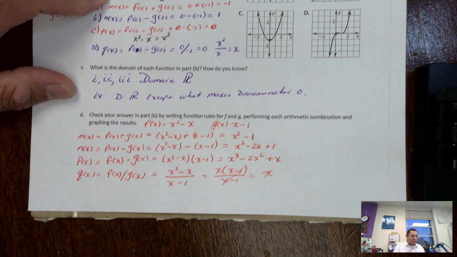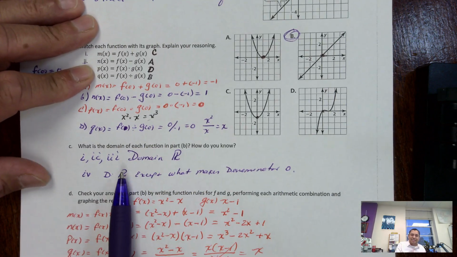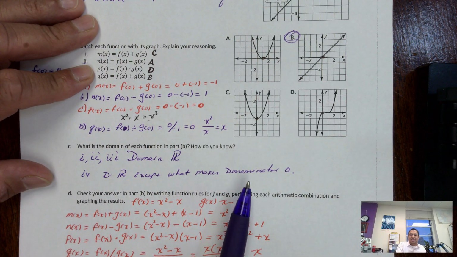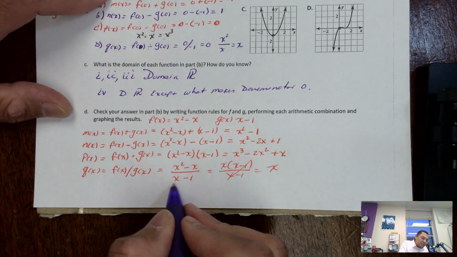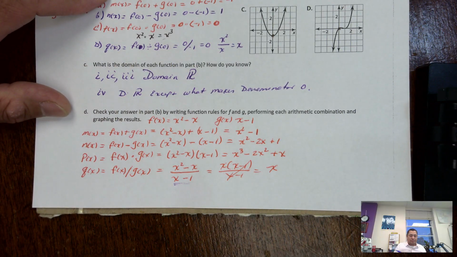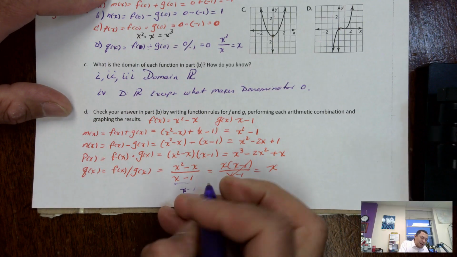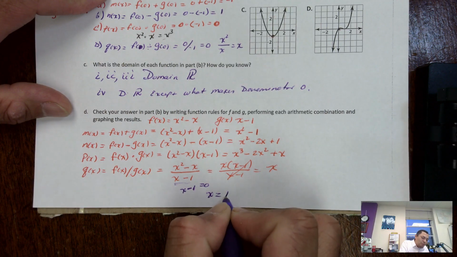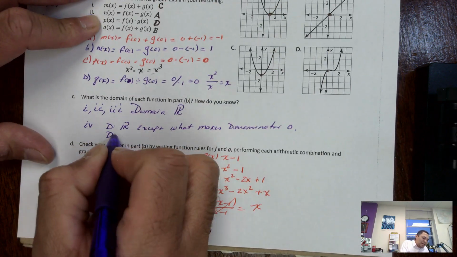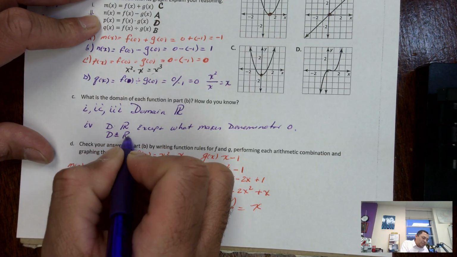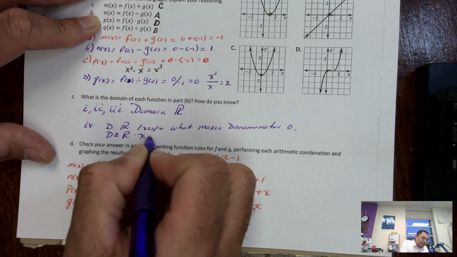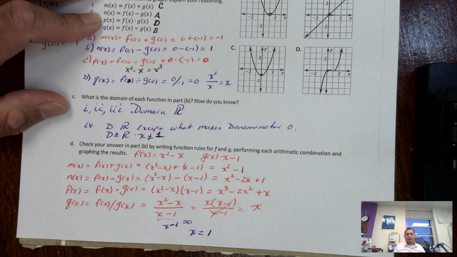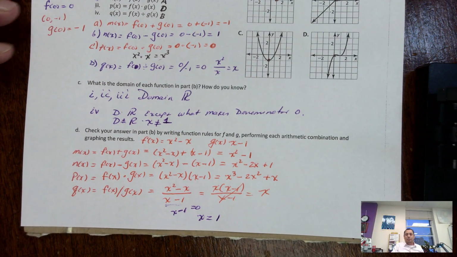So now we can answer this C part. We had the domain is all real numbers except what makes the denominator 0. What is making the denominator 0? x minus 1. So I have x minus 1 equals 0, so x equals 1. So the domain is all real numbers except positive 1. So that's going to be the solution to the front page.